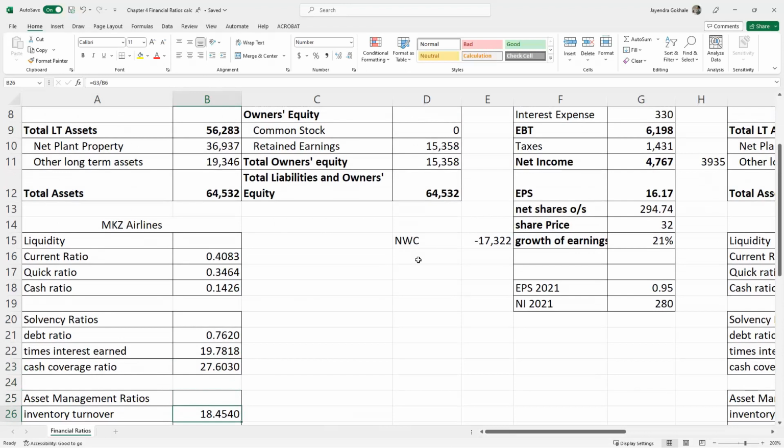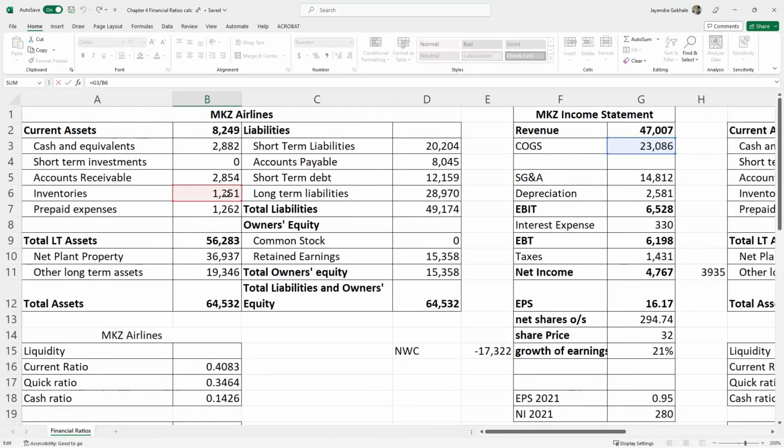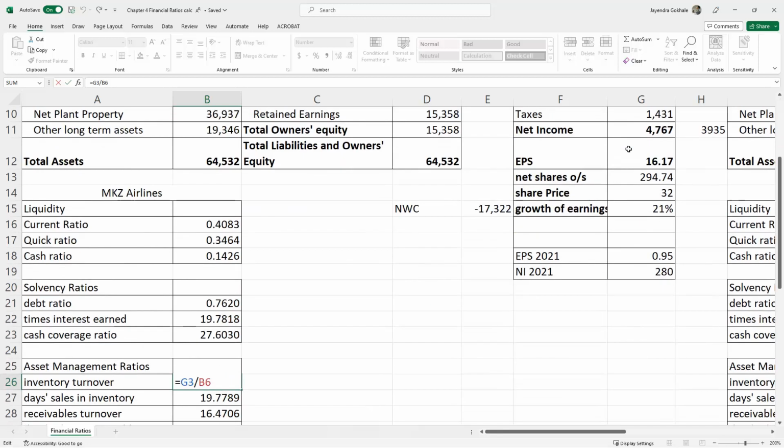The inventory turnover. So the inventory number comes from right here, the red cell here, 1251 for MKZ, divided into cost of goods sold. Like we said, the flow number should be much more than the levels held at any given point of time. So it's 23,086 divided by 1251, which is approximately 18.45.